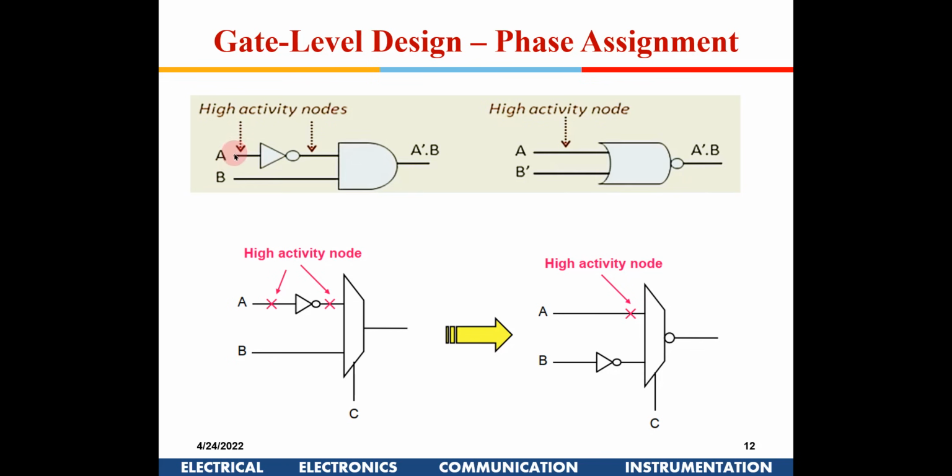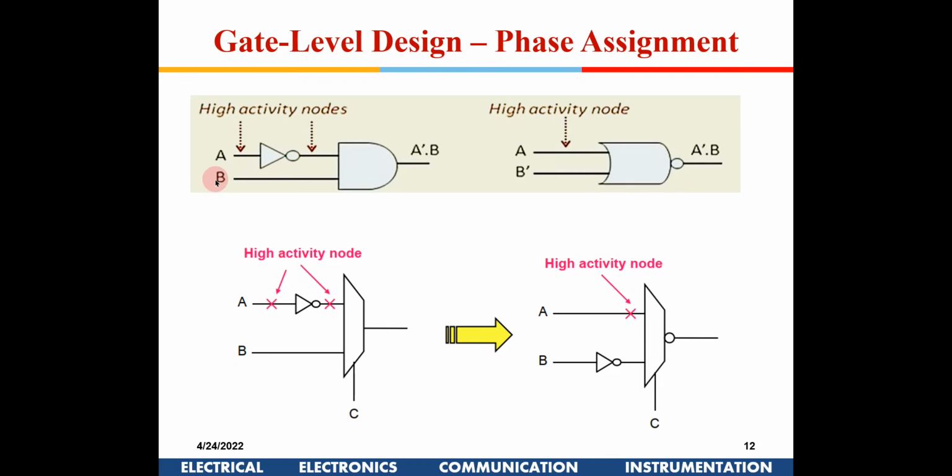A is a high activity input. So you will find that this A node keeps changing every now and then, and similarly you will have switching out here also. Because of this switching, power will be consumed from the power supply through this inverter, charging and discharging.